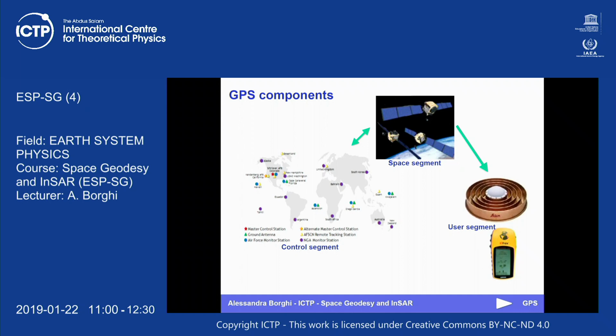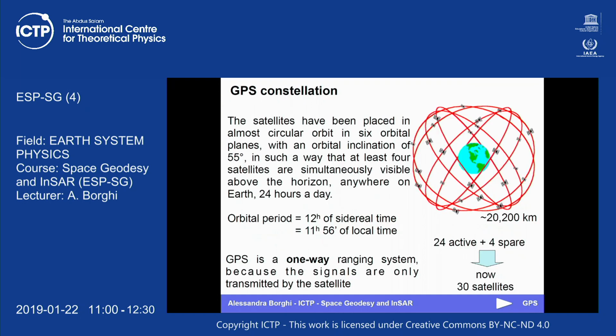This is a geodetic antenna, and with some receivers. This is a receiver for sport, for tracking, but we can also use a more complicated receiver or our mobile phone.